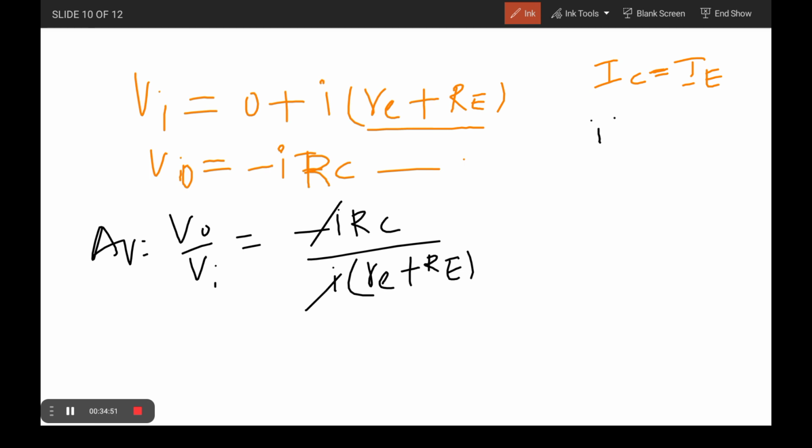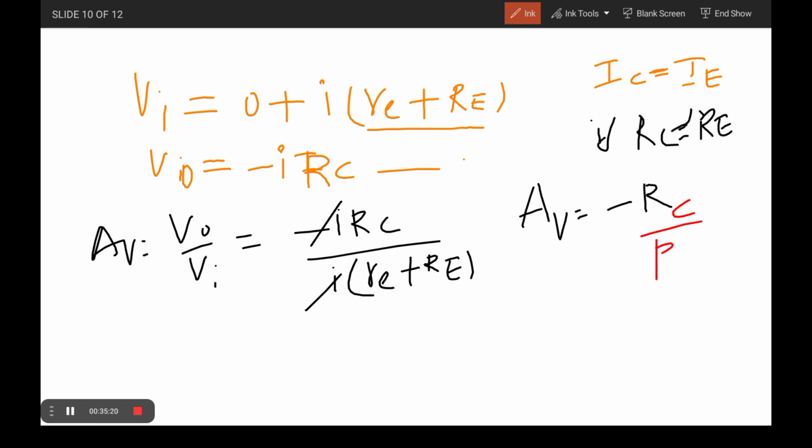If you take the collector resistance RC approximately equal to RE, then the voltage gain AV is equal to minus RC by RE. So this is the voltage gain formula.